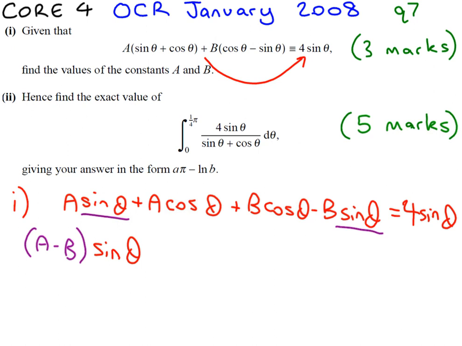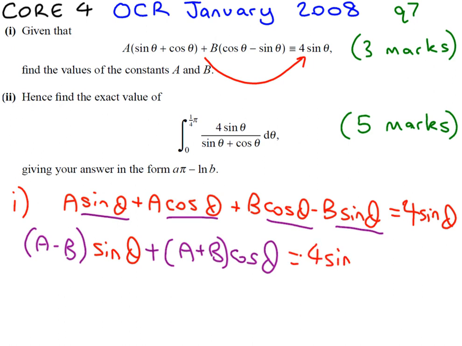We're also going to collect together our cos thetas, which means we've got (A + B) lots of cos theta. Now that is always equal to 4 sin theta, and I'm going to give you a clue. There's nothing to stop us writing plus 0 cos theta.